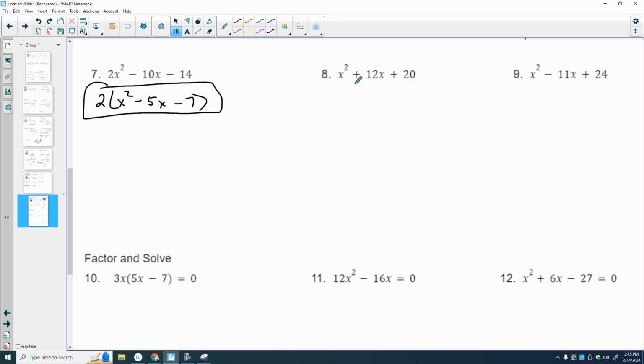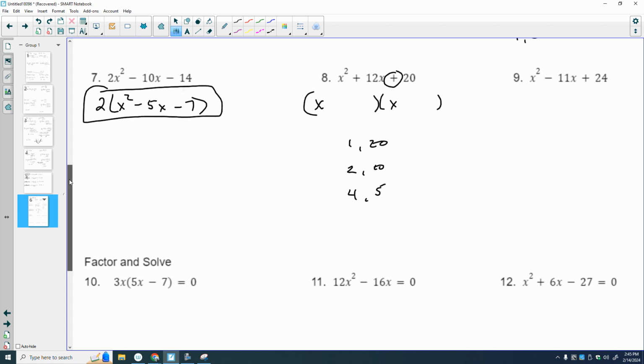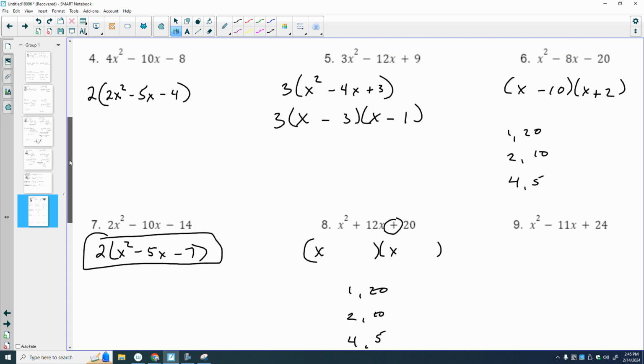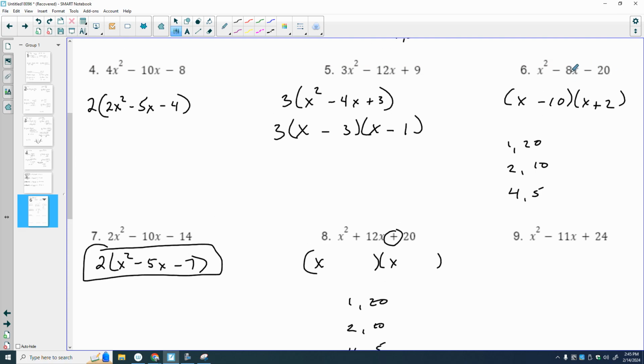Okay. Try this one. Anything common in all three terms? Nope. How do I get x squared? X and x. Factors of 20: 1 and 20, 2 and 10, 4 and 5. This is now a positive. On the last problem, it was a negative, and so I subtracted to get 8.